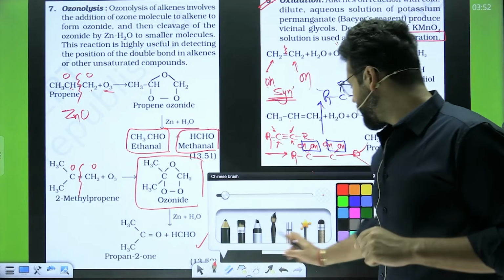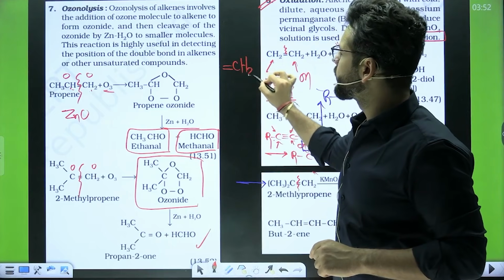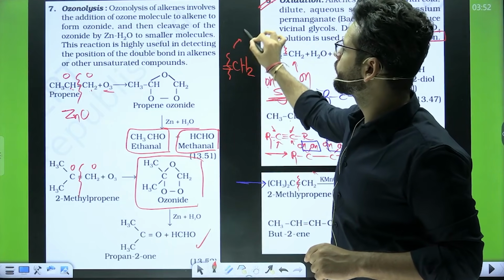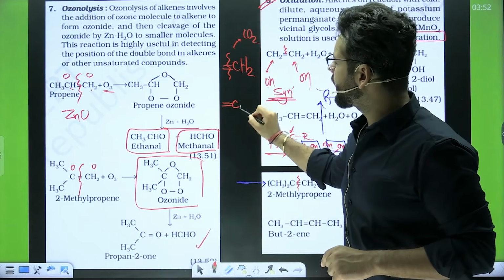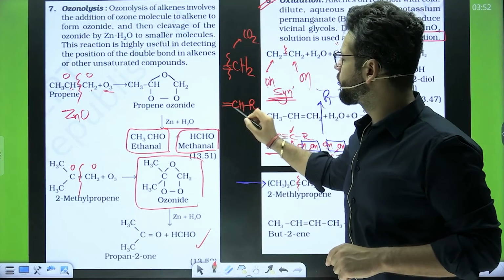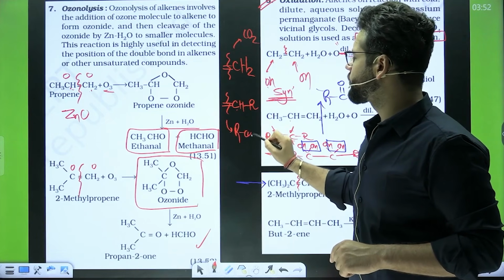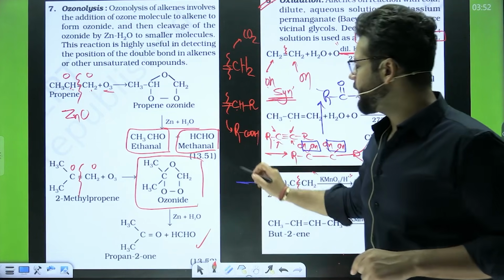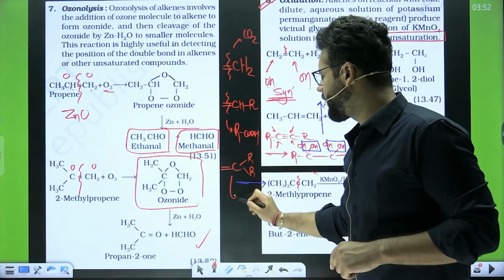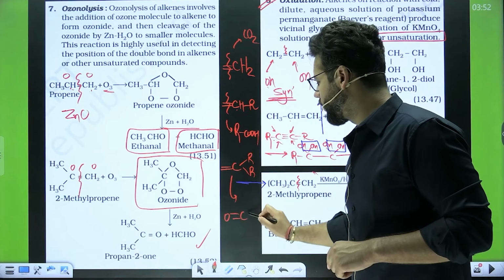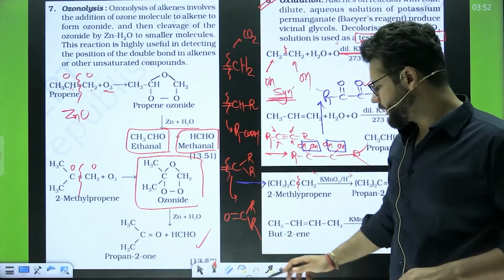Just remember, whenever your doubly bonded carbon carries 2 hydrogen, it will become CO2. When the doubly bonded carbon carries one hydrogen and one alkyl group, that carbon becomes carboxylic acid, RCOOH. And if a carbon carries no hydrogen but only alkyl, then it will become a ketone on oxidation.